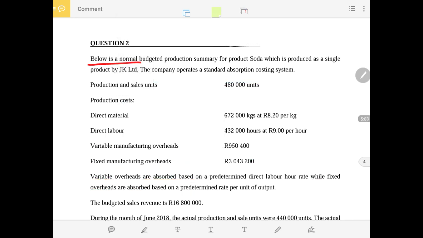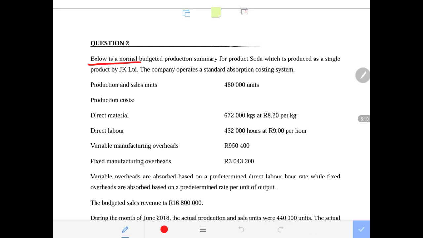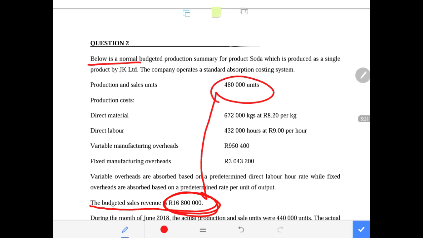So now, having that in mind, read the last sentence before I go to the actual information. The budgeted sales revenue is 16 million. This is the total revenue that we expect to receive when we sell what we expect to sell.